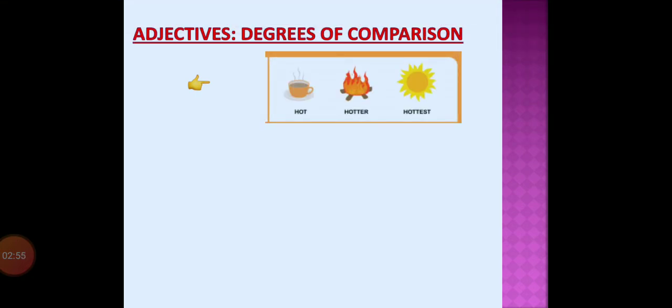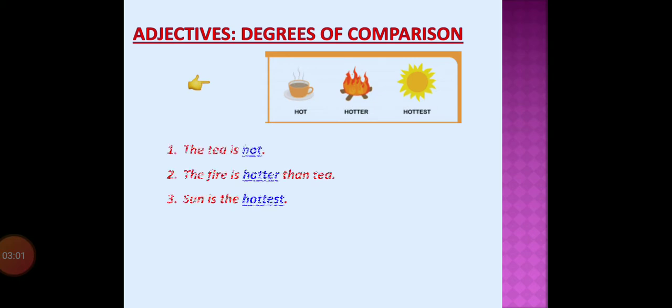See, this is one picture. In the picture three things are there: tea, fire and sun. Now you can see that the tea is hot. We know that tea is hot. But when we compare tea with fire, we can say the fire is hotter than tea. Means there is a comparison between tea and fire.